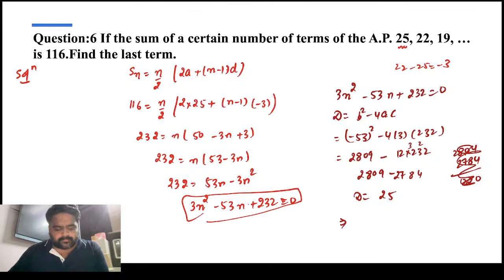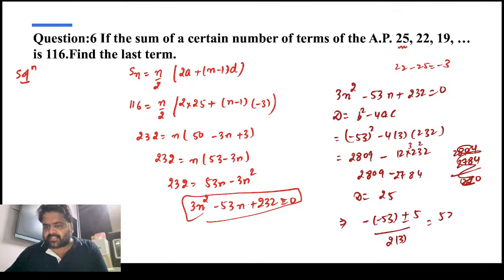Now put the value in minus b plus minus under root d upon 2a. This is 53 plus root 25, and root 25 is 5. ठीक है ना. a is 3.